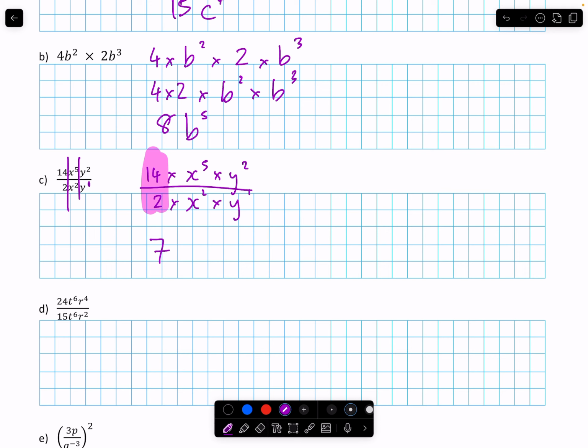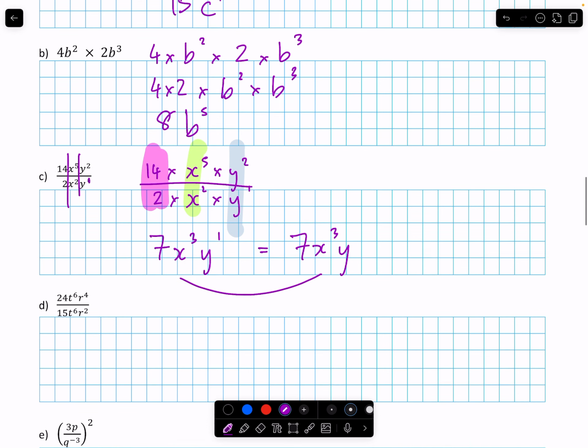Let's deal with this next, and then last we'll deal with the y's. X to the 5 over x to the 2, so you subtract the powers, it's going to be 5 take 2, x to the 3. And the y's, y to the 2 and y to the 1 is going to be 2 take 1, which is 1. So y to the 1, or you could write 7x cubed, just y. Both of these mean exactly the same thing.